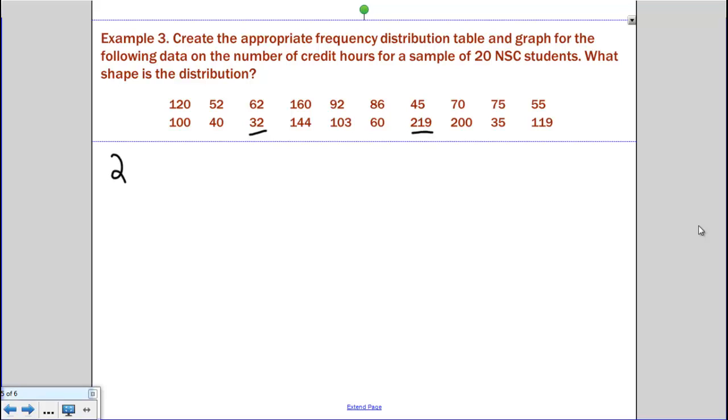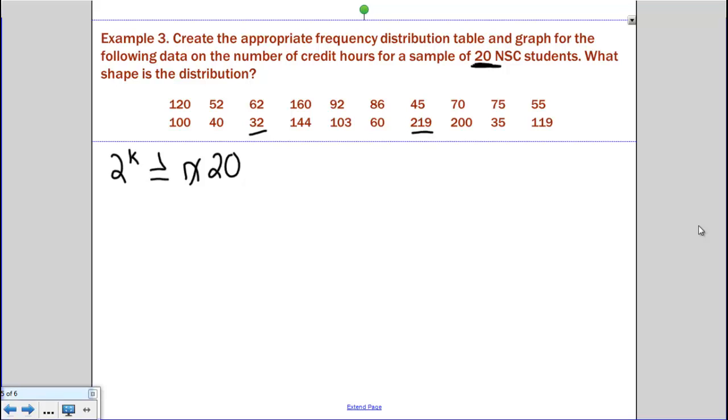So 2 to the kth power is going to be greater than or equal to, in this case, we'll call this a sample, lowercase n. So you need to start plugging in values for exponents to get to a value of 2 to some exponent that gives you a value that's greater than or equal to, in this case, 20, because that is the n in this example. So I'm just going to start with 2, because I'm not going to start with 1.